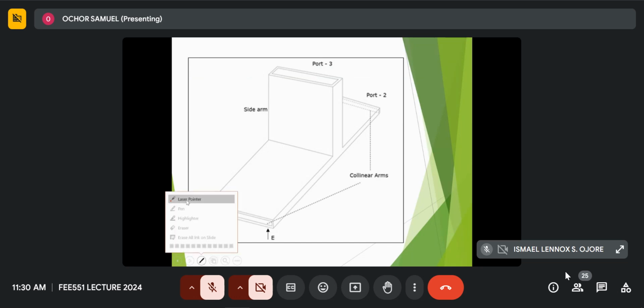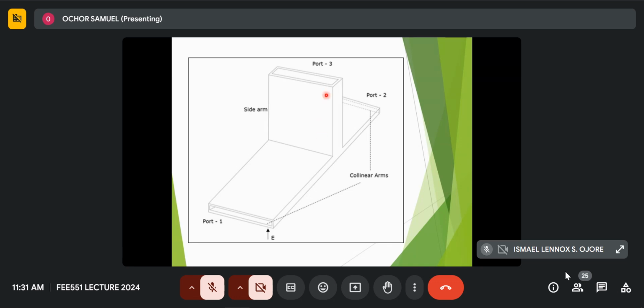Now that's the E-plane T junction, and you can see it is the initial rectangular waveguide that was there. Then you add another arm vertically up, on the broader side. The initial rectangular waveguide constitutes the collinear arms.